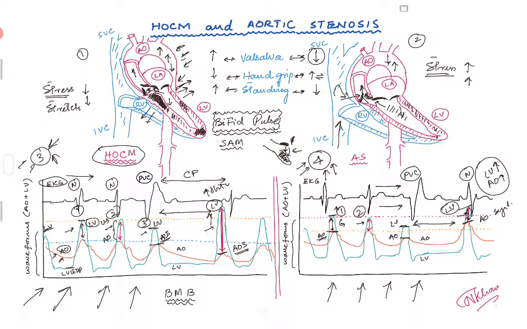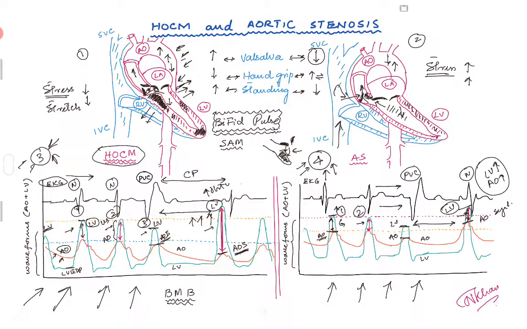LV pressure will keep rising. As the LV pressure goes up, the LVOT will get more compromised. There might be systolic anterior motion of the mitral leaflet, causing more compromise of the dumping of blood into the aorta. So the aortic systolic pressure will go down.